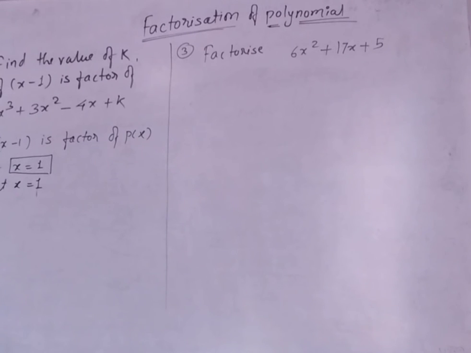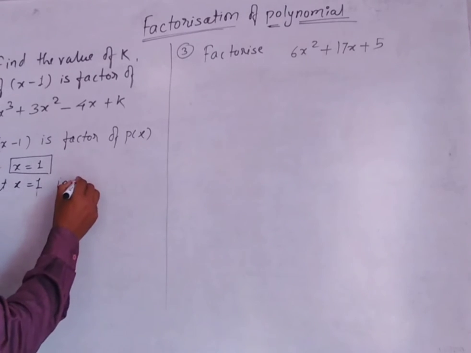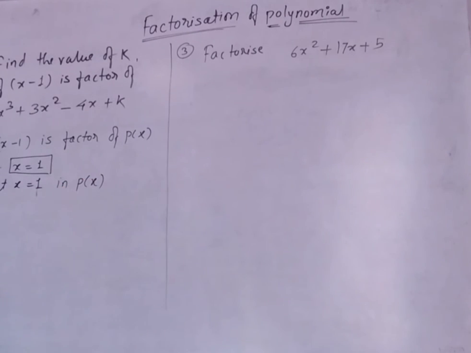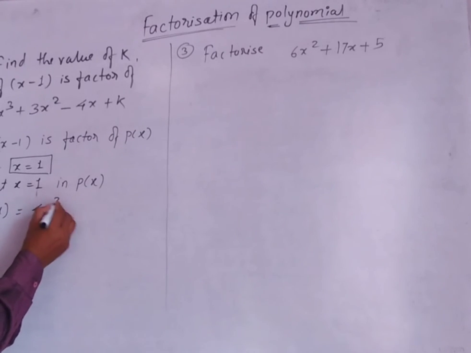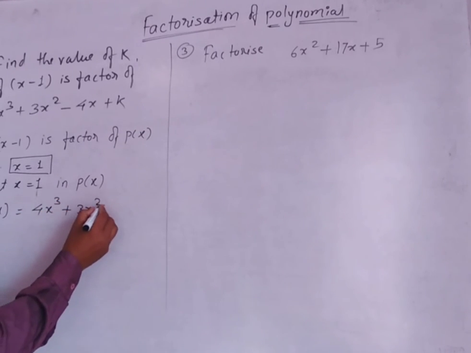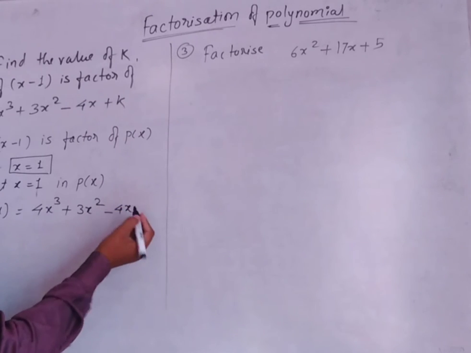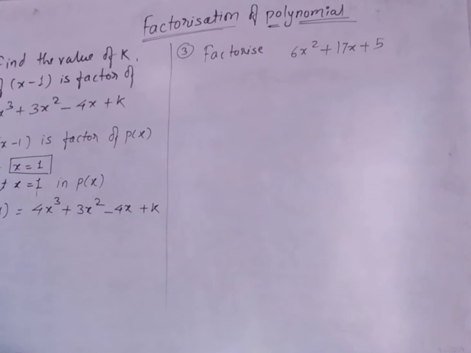Put x equal to 1 in P of x. This value we put in the polynomial. So the polynomial P of x equals 4x cube plus 3x square minus 4x plus k.